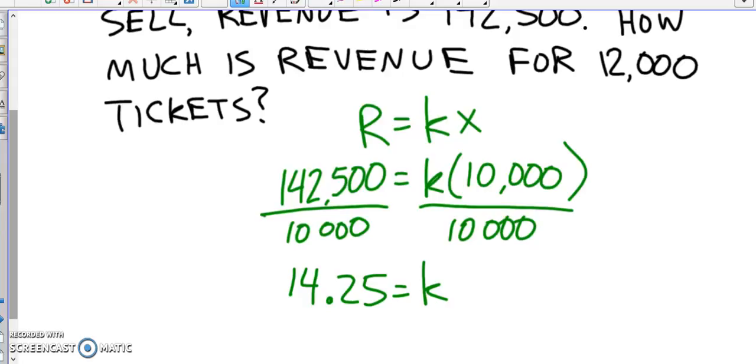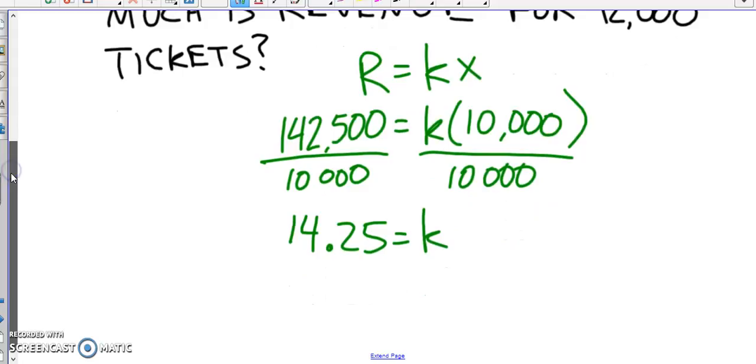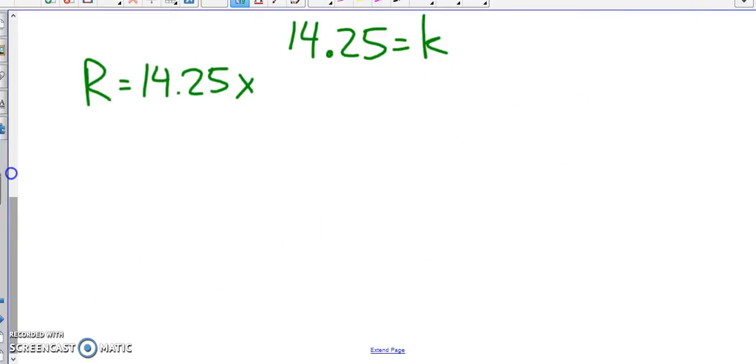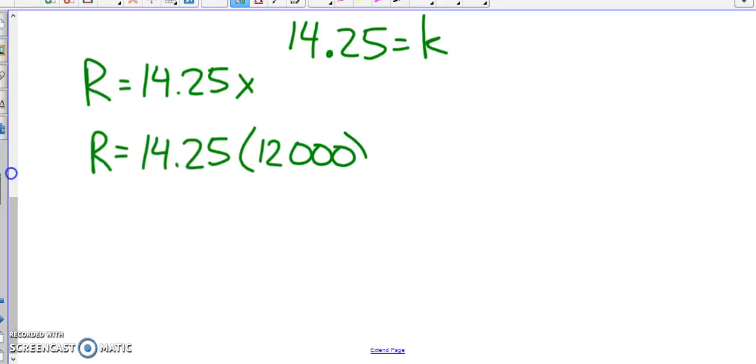So now I have an equation that says R equals 14.25x. Then I plug in 12,000 for x, and that gives me my revenue, which is $171,000.